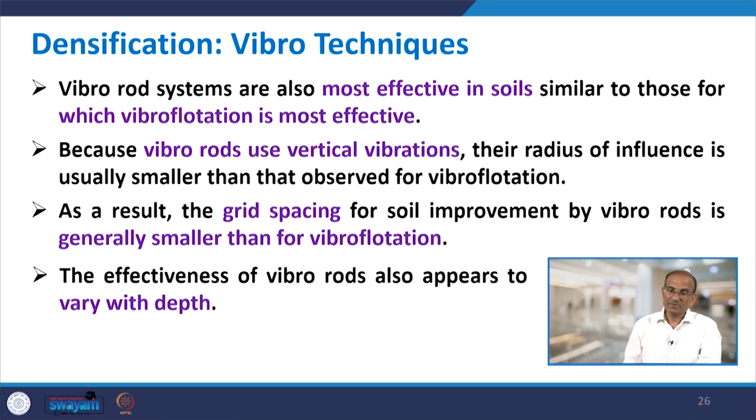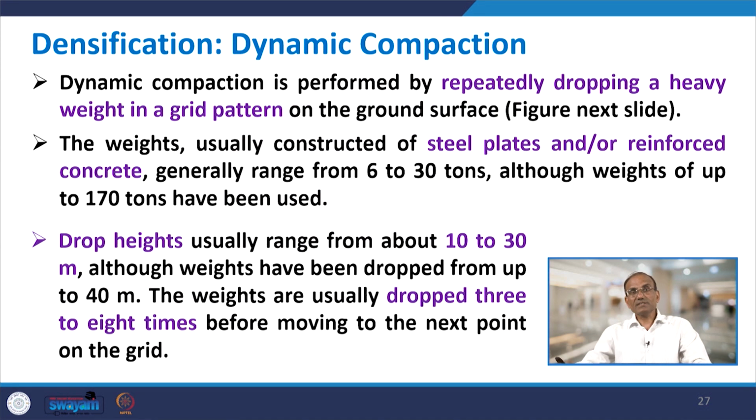So, this was about vibro techniques. Now, the second technique used for densification is dynamic compaction. Dynamic compaction is performed by rapidly dropping a heavy weight in a grid pattern on the ground surface. So, you prepare a grid on the ground and drop a very heavy weight from the top.